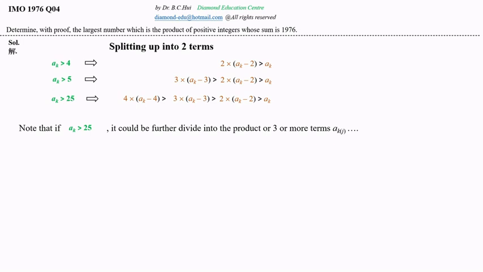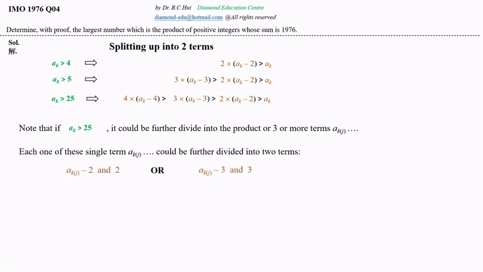We can even divide it into 3 or more terms. If ak is larger than 25, certainly we can get a final division to replace ak with 3 or more terms. The finest possible division is to divide a term into 2 terms.